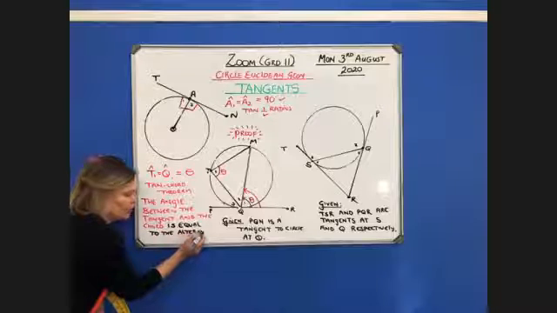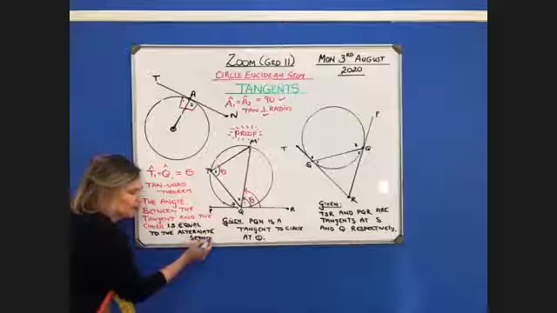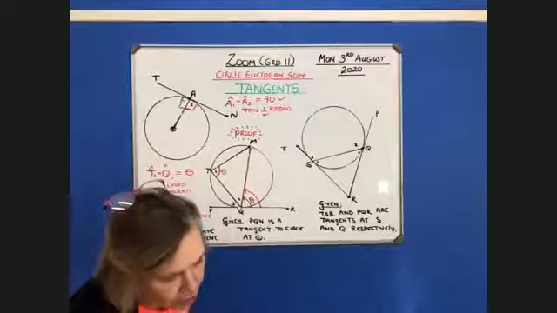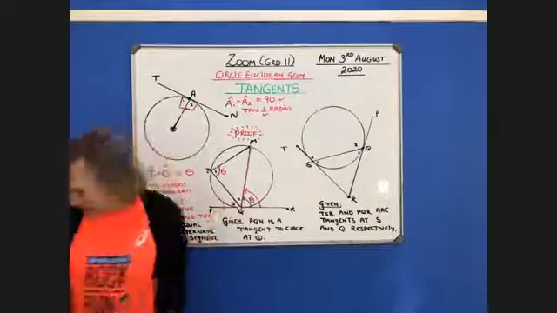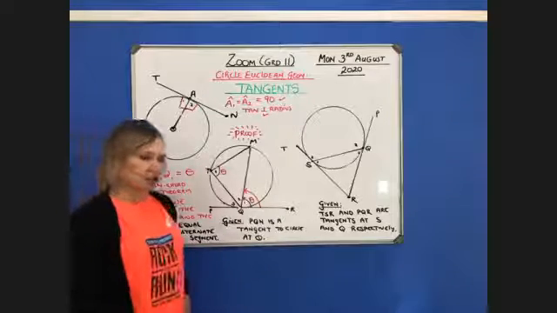So you've got to know that. But don't write that down, please, as your reason. If you are ever using the tan chord theorem application, as a reason, please just go tan chord theorem.